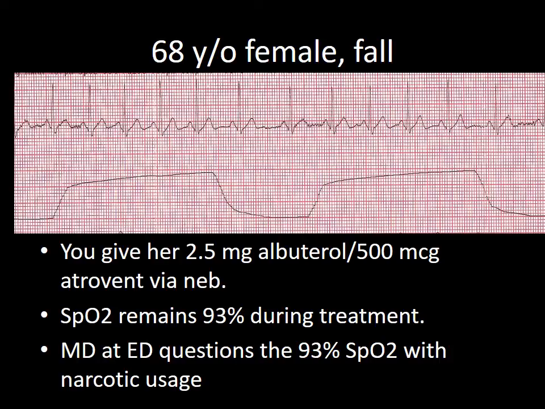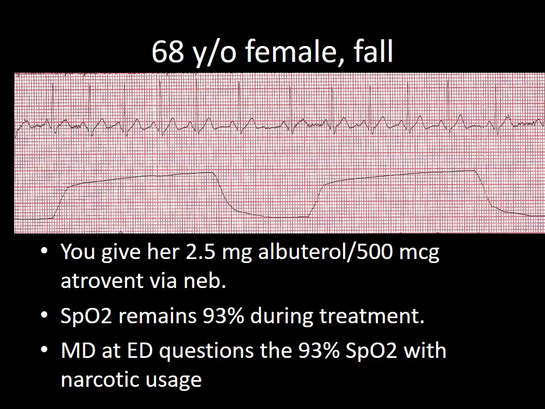Not only do we have a before and after SpO2, but we have this documentation that she has bronchospasm, she has COPD, so it fits this different picture. So the narcotic was appropriate, and we also had a bronchospasm issue underlying that we may have missed.